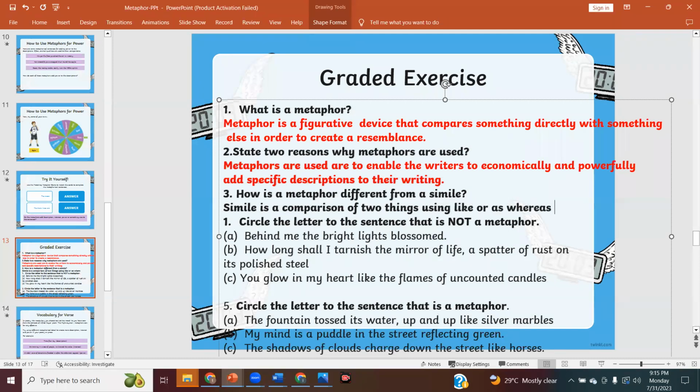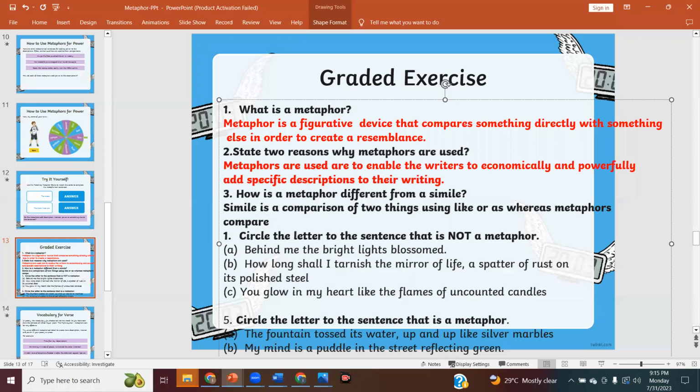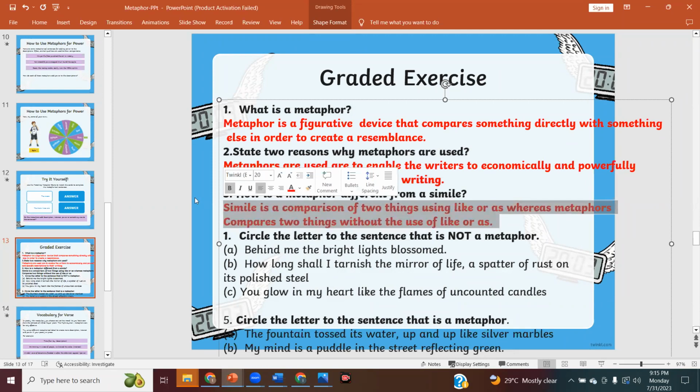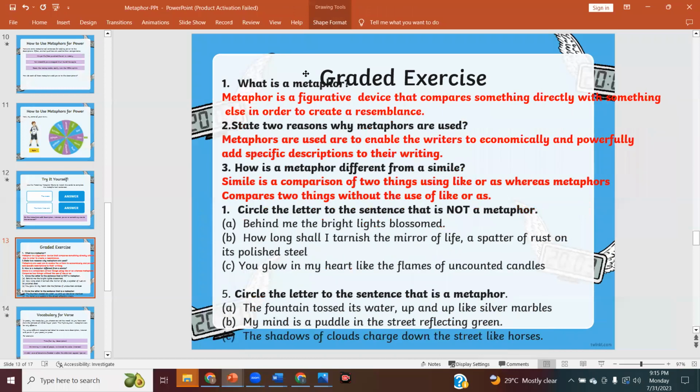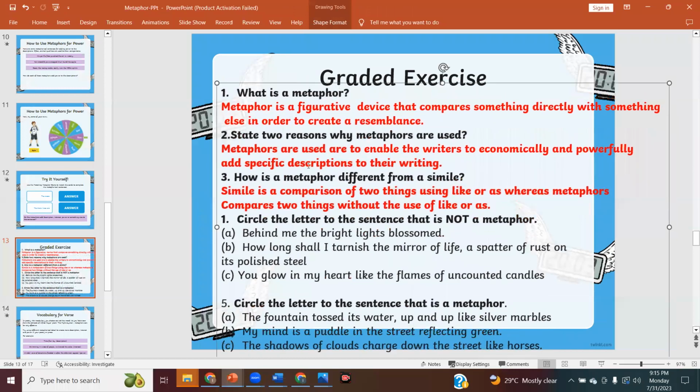Whereas a metaphor compares two things without the use of like or as. Okay, that's the first thing. Anyone got number 3? Yes, sir. Okay, great.